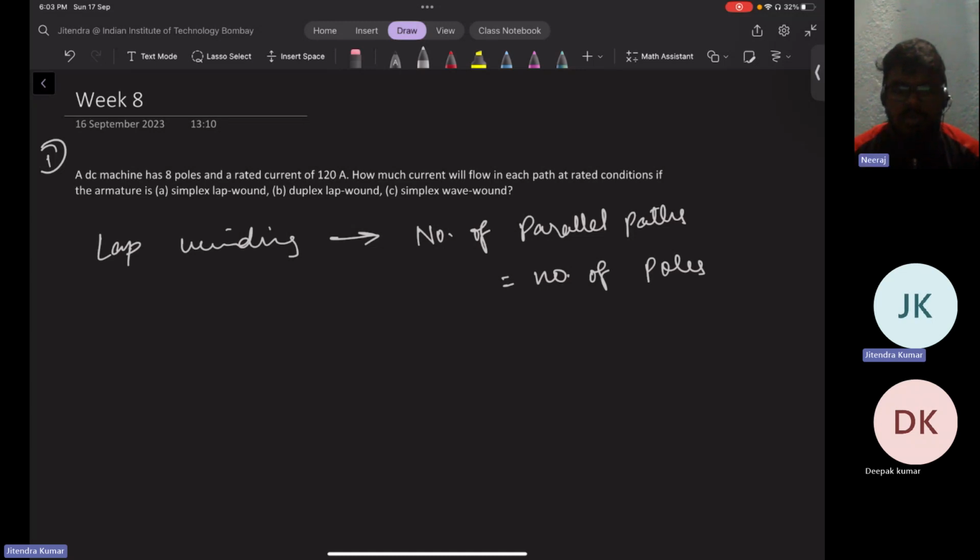This is a very important conclusion from lap winding. So why is it that we have to connect that many parallel paths equal to the number of poles, and what are the advantages and what are the drawbacks of that? If you have any idea, anything you want to say.